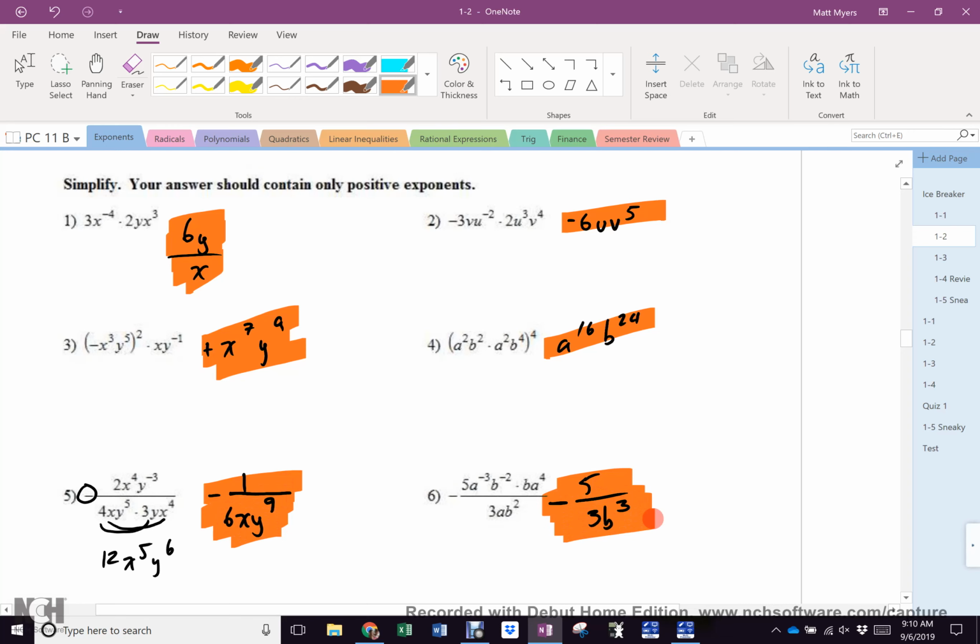Comments? No, it is positive, but normally you wouldn't write a positive. No, because this negative is inside these brackets and it's squared, so it becomes positive.